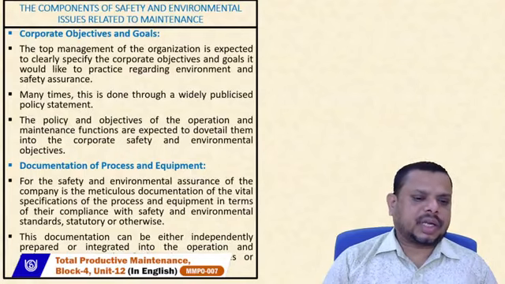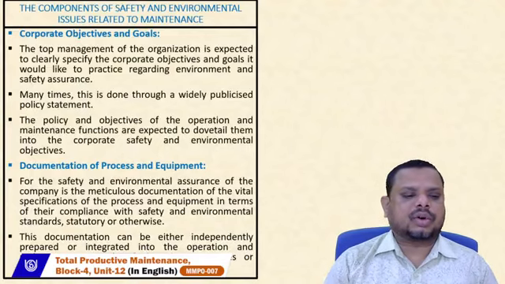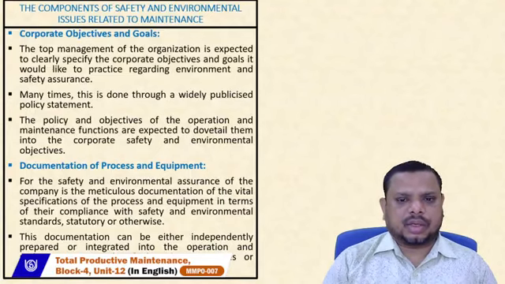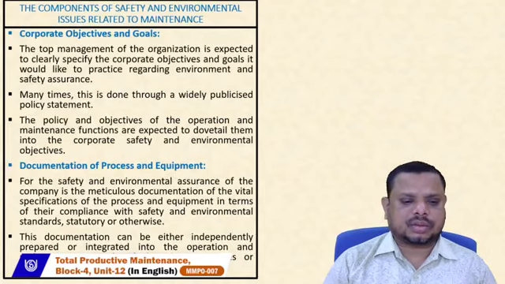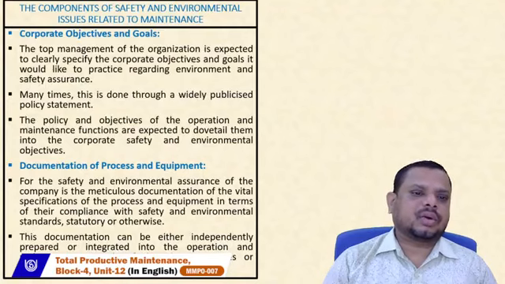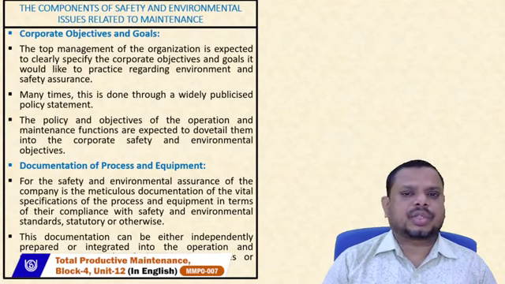Then this document can be, as I told, independently prepared or integrated into operational and maintenance manuals. In most cases, in common practice, many maintenance departments have their own rigorous maintenance manuals, or they have their own standard operating procedures for plant process or equipment. So these are under documentation of process and equipment.